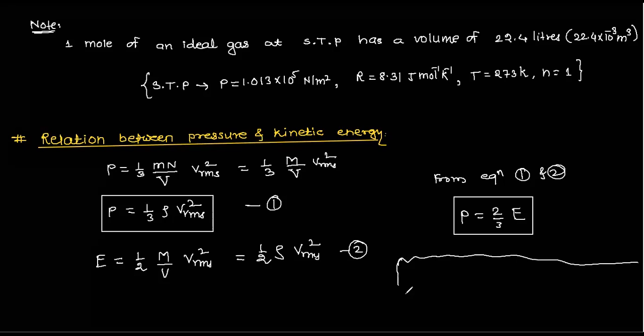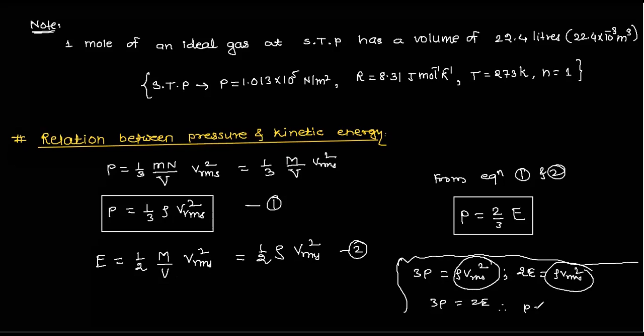From 1, you can write: 3P is equal to rho into v RMS whole square. And on this side you can write 2E is equal to rho into v RMS square. And you see now the right hand side is the same. So I can write 3P is equal to 2E, and therefore you will get P is equal to 2 by 3 E. Yes, you can see this. For those who did not understand how you got this relation. Okay, so note down.